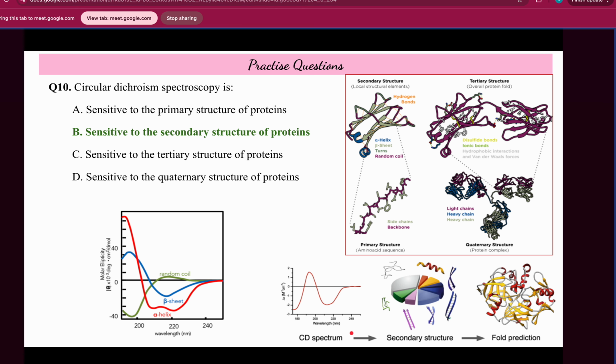So by looking at the CD spectrum, we can predict what secondary structure my protein can adopt, and ultimately what fold it can take, because different secondary structures combine to form super secondary structures, which are ultimately motifs. So by combining all of them, we can predict the fold that my protein can adopt.